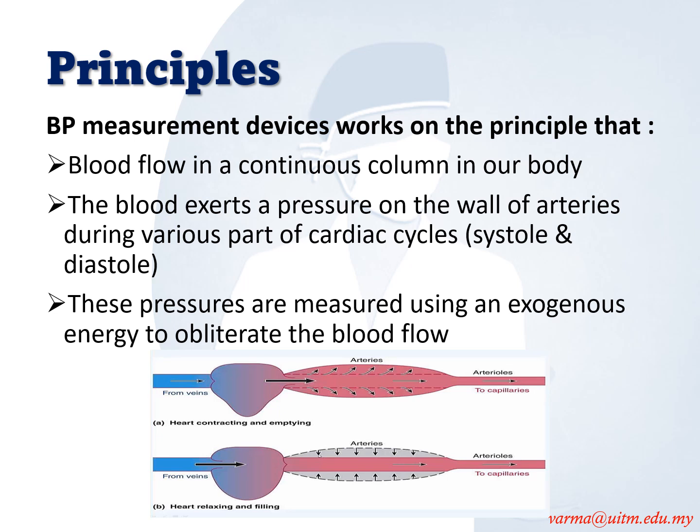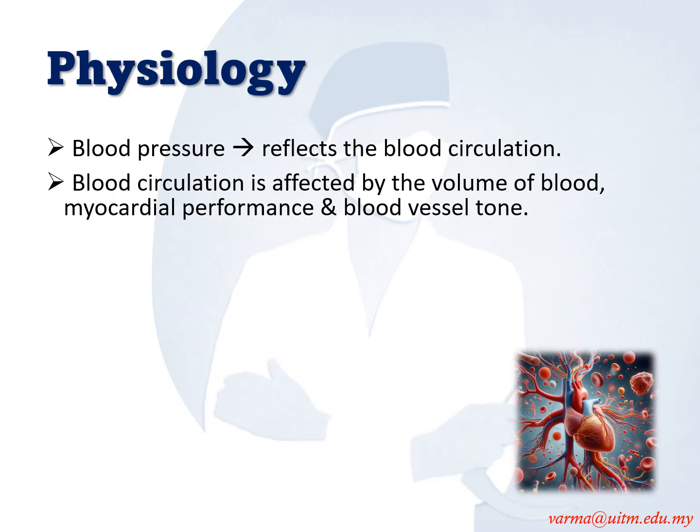As we can look into here, the arterial wall and the pressure exerted by the blood during heart contraction and relaxation are not the same. Blood pressure as an overall reflects the blood circulation in the body. The blood circulation is affected by the volume of the blood, myocardial performance, and blood vessel tone.